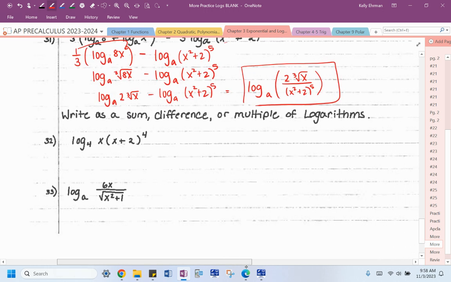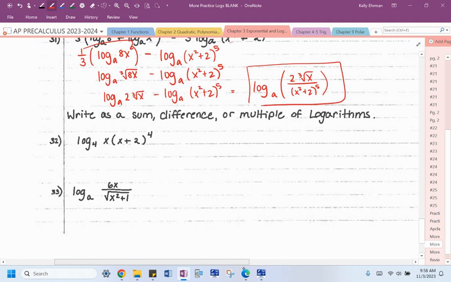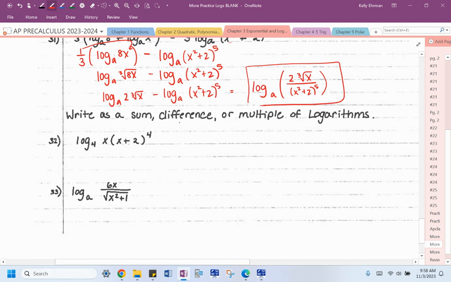Write as the sum, difference, or multiple of logarithms. So that is a long way of saying expand. All right, so you have two different things in this logarithm to begin with that are being multiplied. So make sure you write the base number, log base 4 of x plus log base 4 of x plus 2 to the 4th.